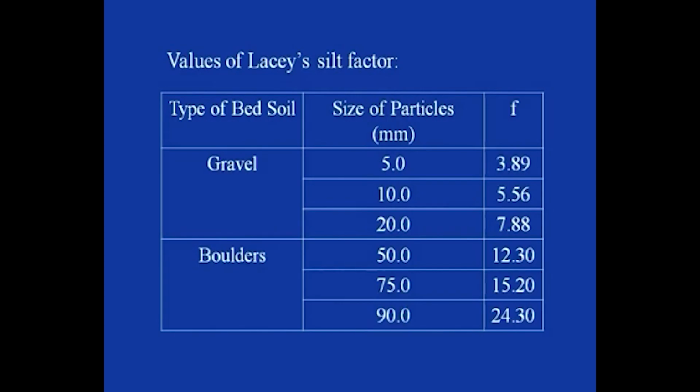So let us say if the type of bed soil is bouldery and the size of particles is usually of the order of 75 millimeter, you can pick an appropriate value of 15.20 as F, the Lacey's silt factor. So using this table, depending upon the type of bed soil and the size of particle, you can pick the appropriate value of Lacey's silt factor F.